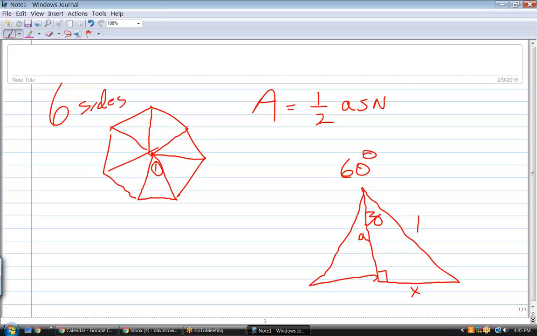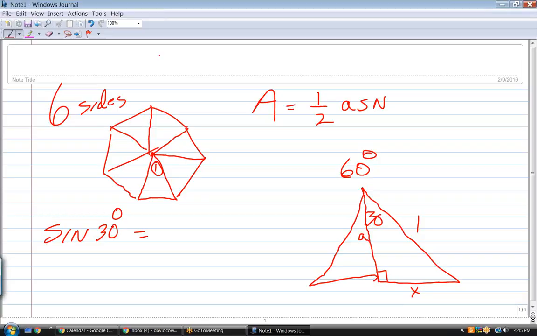Could we do sine 30 to find x? Equals what? Sine of 30 is 0.5. No, when I say what, I mean when you take a trig function of an angle, you get a ratio as an answer. Okay. So put something over something.